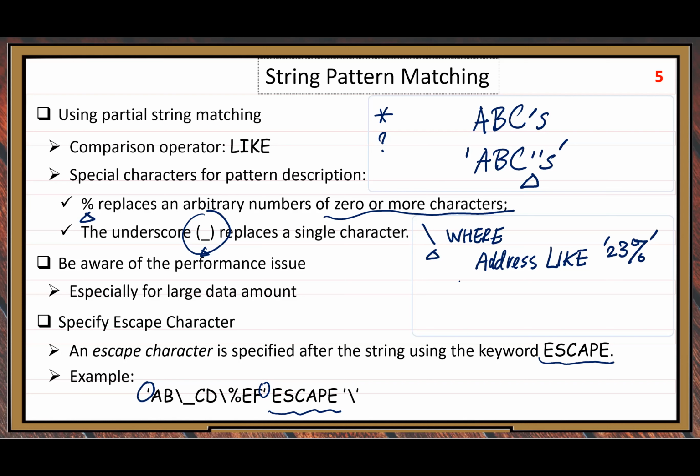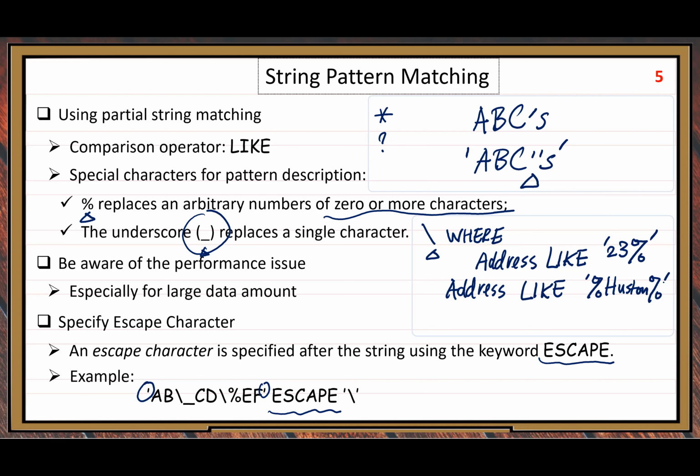Another, let me give you a few more examples. Address like, this time suppose we want addresses that contain Houston, like percent Houston percent. That matches zero or more characters before Houston and zero or more characters after Houston, so Houston is in the middle.